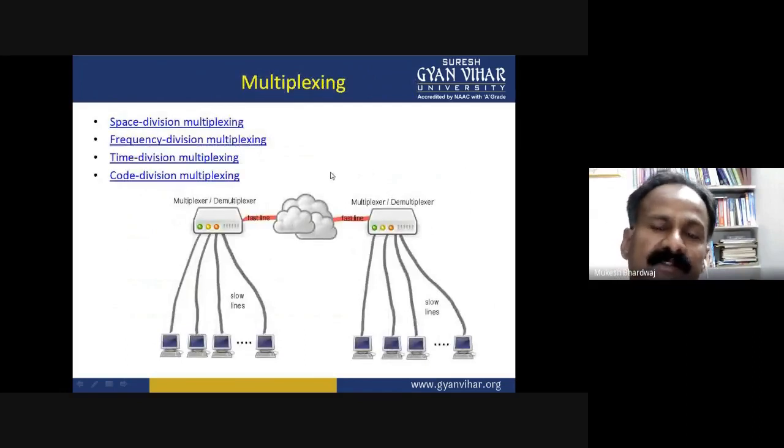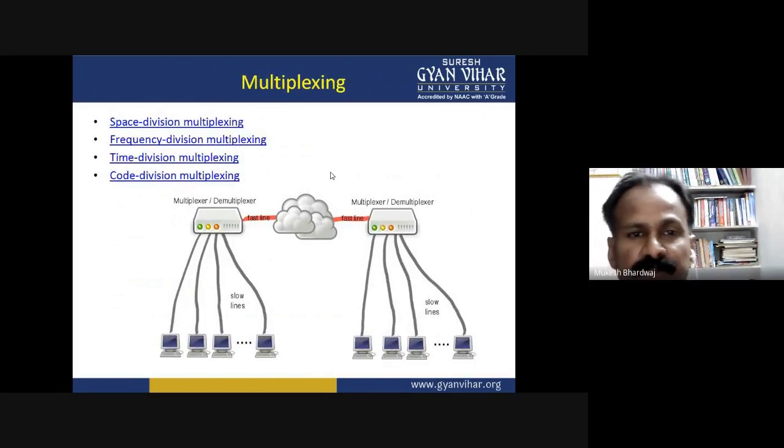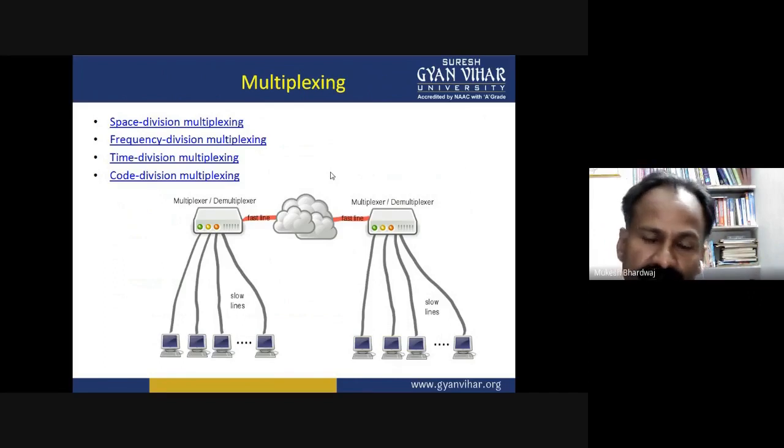Multiplexing is the simultaneous transmission of many signals through a single channel. There are various types of multiplexing: time division multiplexing, frequency division multiplexing, code division multiplexing, and space division multiplexing. Now we can see in the diagram that the red line, wireless, is a channel, an open air channel.